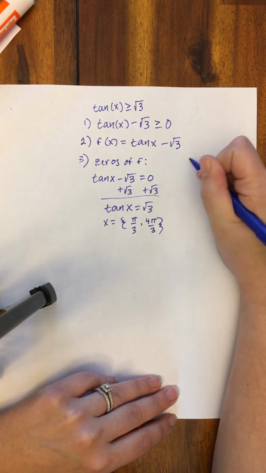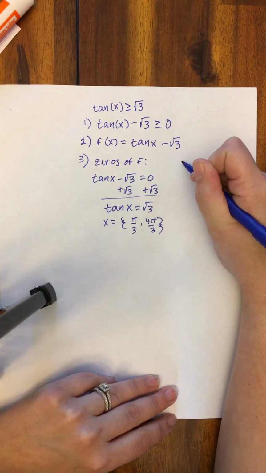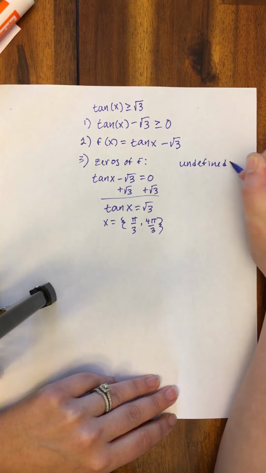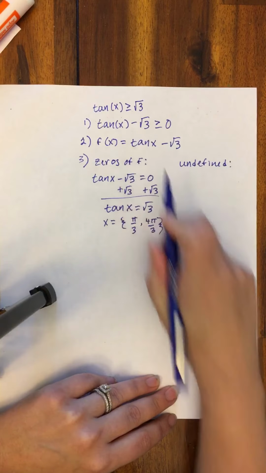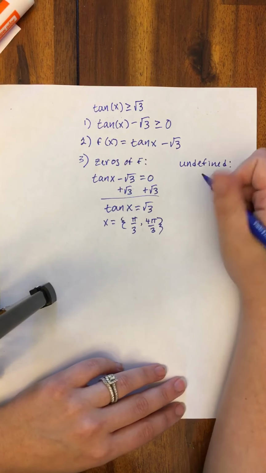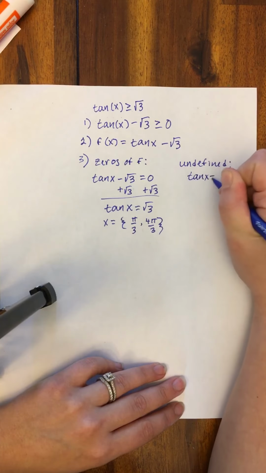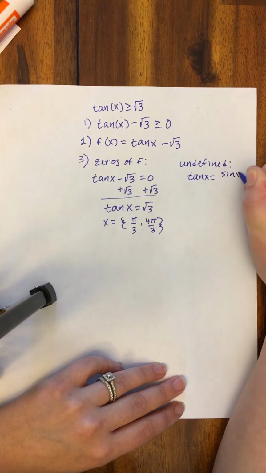Okay, and then we also want to find out where f is undefined. Because there's a tangent in the problem, it will be undefined at certain spots. Remember what tangent is equal to? Tangent is actually sine divided by cosine.